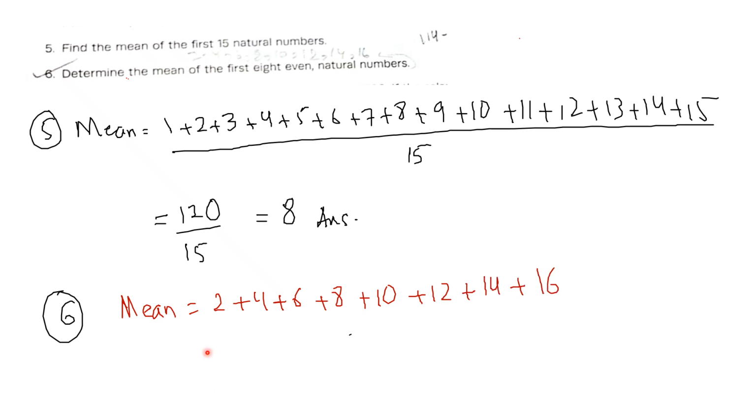See, these are 8 values, 1, 2, 3, 4, 5, 6, 7, 8, and then you will divide it by 8. Now when you add these values, you will get 72, and then in division you have 8. When you divide 72 by 8, you will get 9. So 9 is the answer for the mean.